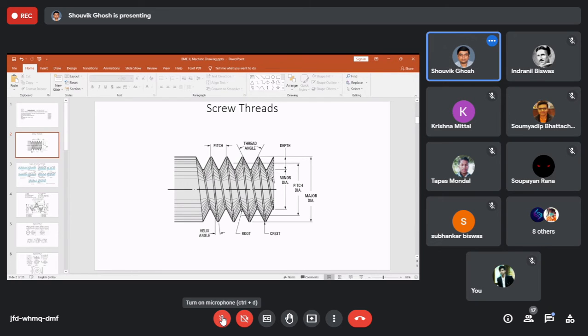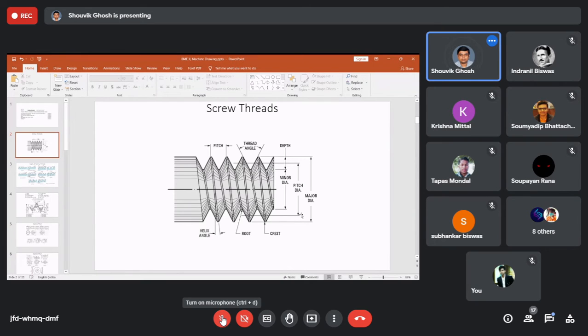Okay. And coming to the dias, we have the minor dia, that is actually the root, or we can say the root dia, using the center, and pitch dia. Pitch dia is the intermediate between the minor and the major. You can see pitch in between the minor and the major.